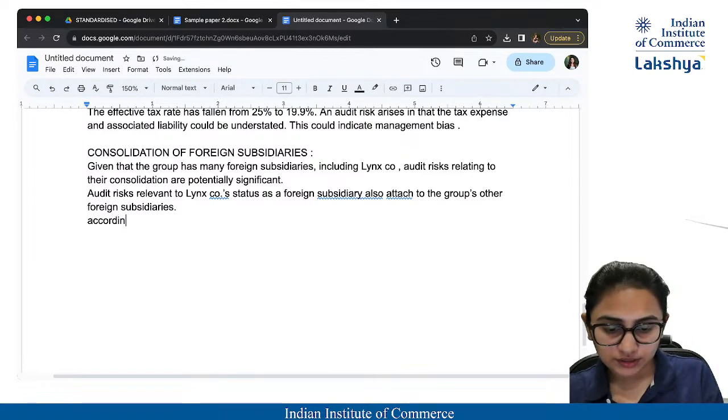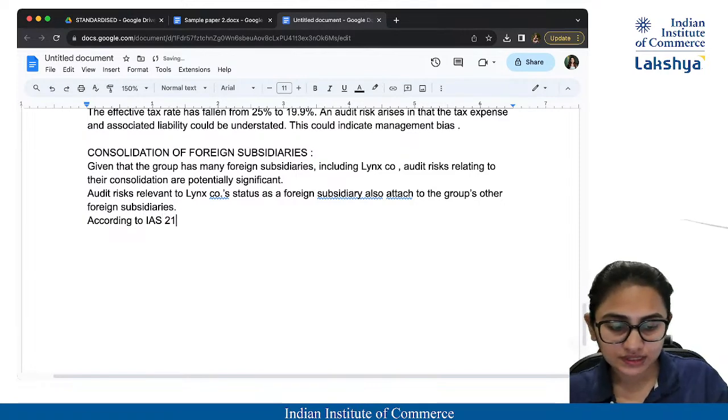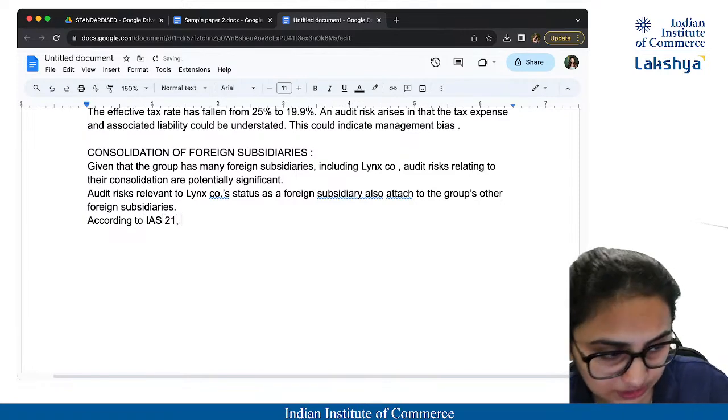That is according to IAS 21, the effects of changes in foreign exchange rates.